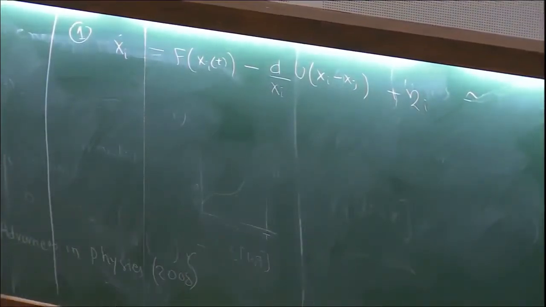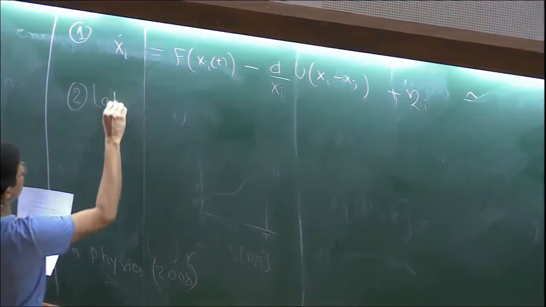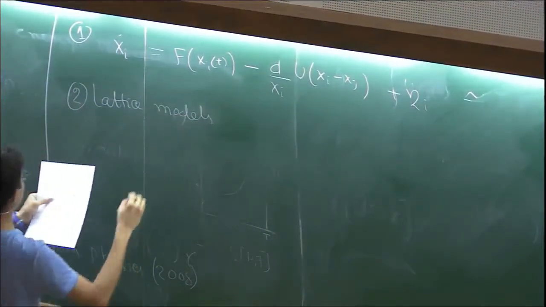The other kind of models which are quite favorite in this community are the lattice models. These are kind of cooked up models because they are a little simpler to study exactly.